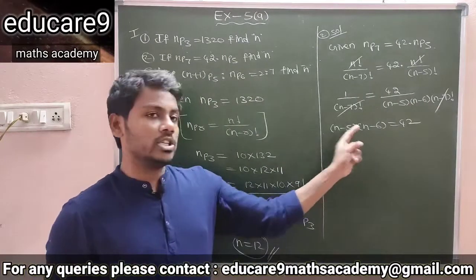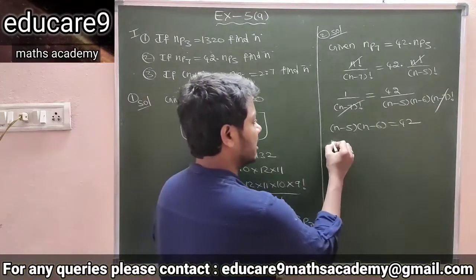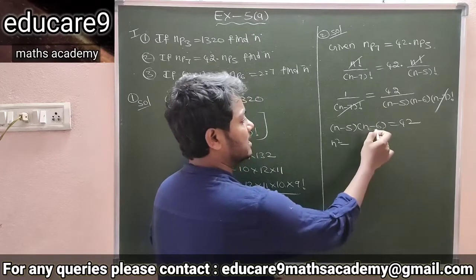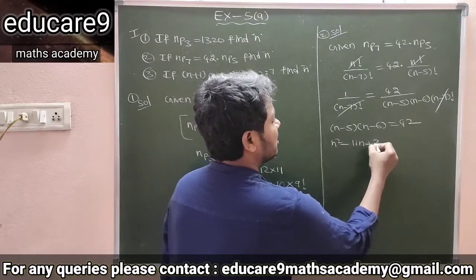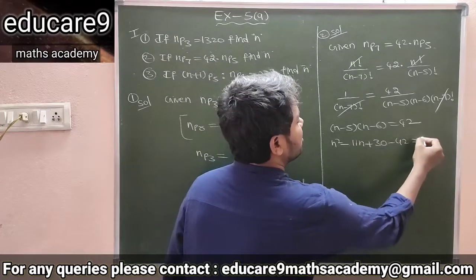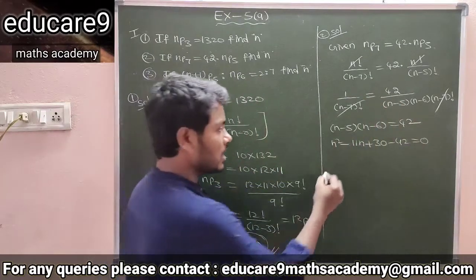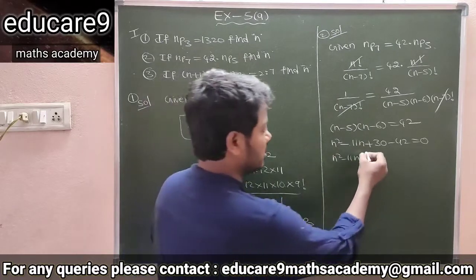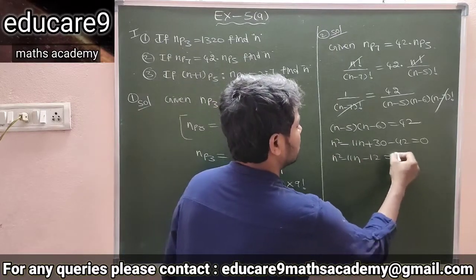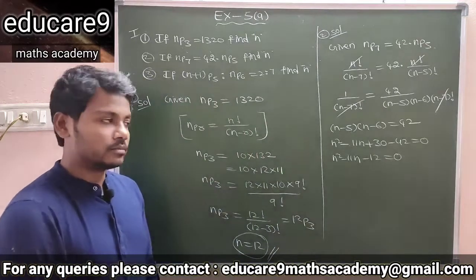Now multiplying these two, you get n square minus 6n minus 5n plus 30 minus 42 is equal to 0. So this is n square minus 11n minus 12 is equal to 0.